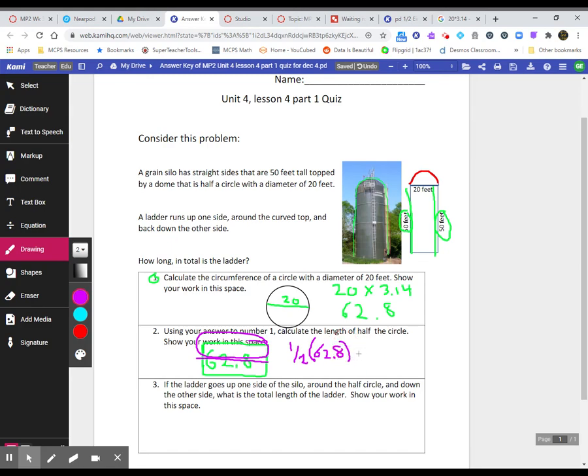And again, we know that to do half of something, all we do is divide by 2. Again, how do we do half of something? We divide by 2. So that's it. We're going to take 62.8 and divide it by 2. The answer is 31.4.